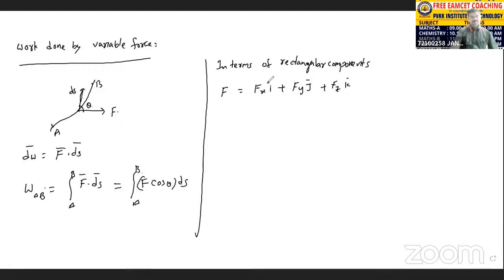This is vector form. So ds is equal to dx i plus dy j plus dz k.